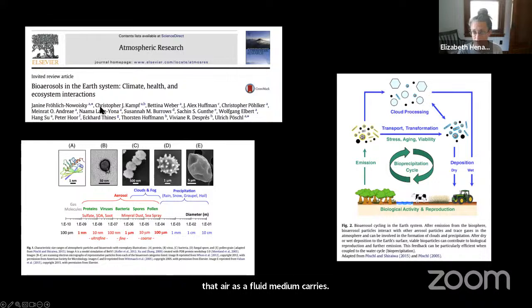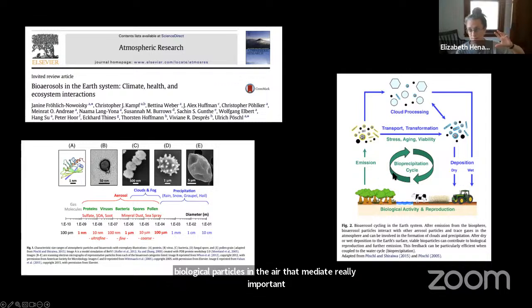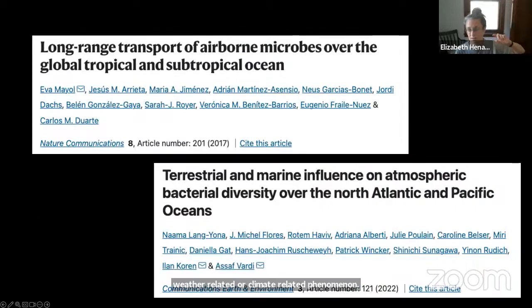Bioaerosols are actually a well-studied field, and we have a whole bunch of different types of biological particles in the air that mediate really important weather-related or climate-related phenomena. And so microbes have been described in the air as a fluid medium as a planetary phenomenon.